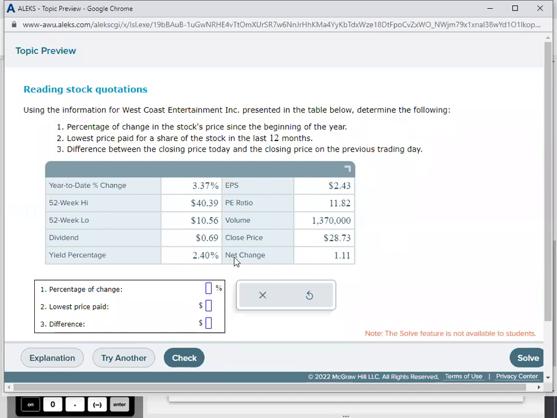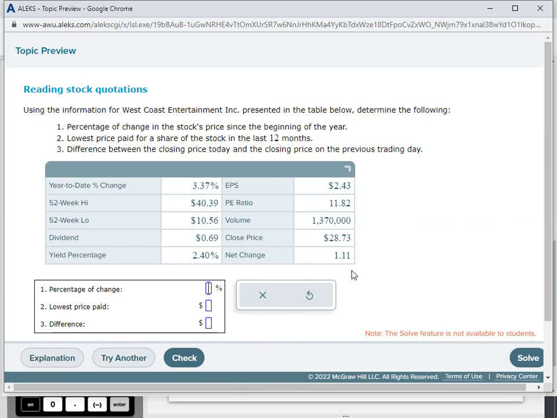Okay, and then another one is net change. So that'll be the difference between the closing price yesterday, $28.73, and the closing price today. So it's a positive $1.11.